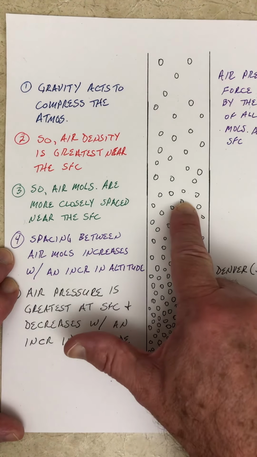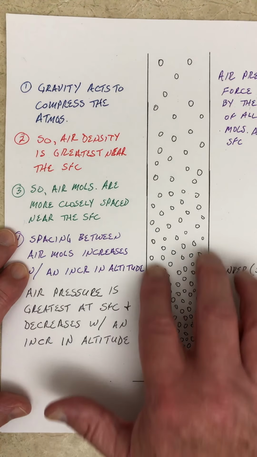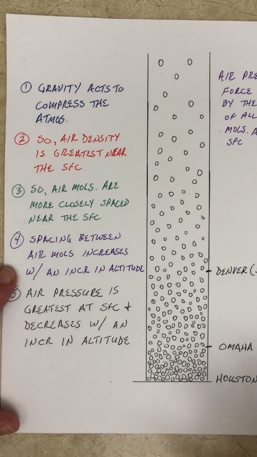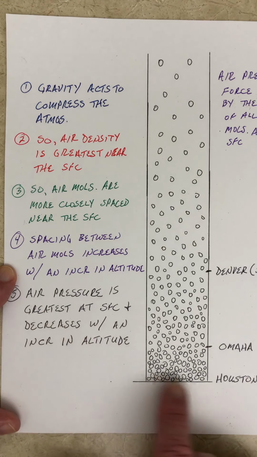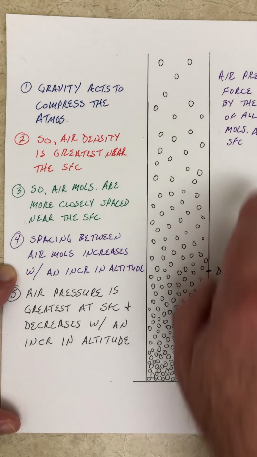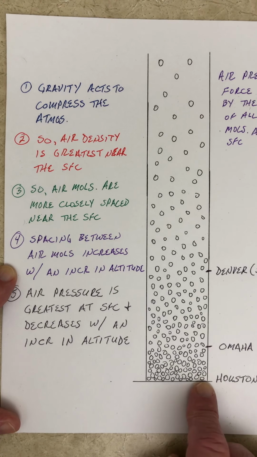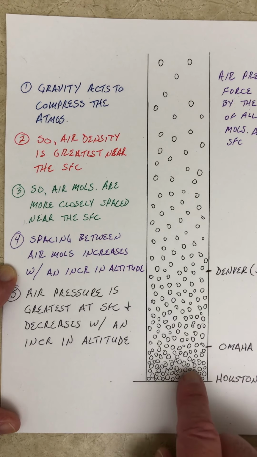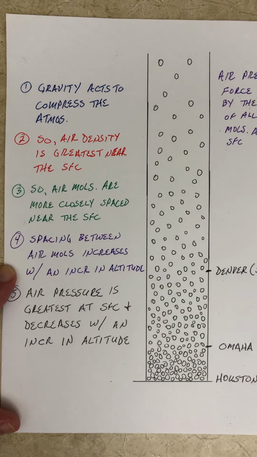As you go up into the atmosphere, the spacing of the air molecules increases as the altitude increases, or the elevation, take your pick. And then the air pressure is going to be greatest near the Earth's surface because you're going to have way more air molecules above you at that point, and the air pressure is going to decrease with an increase in altitude or elevation.